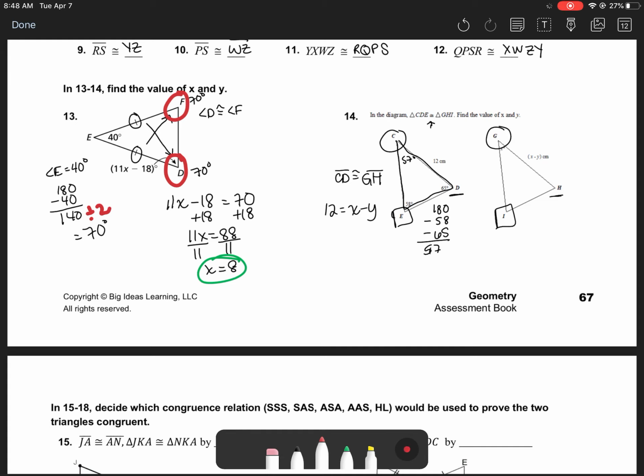Well, I know that means angle X, which is over here, kind of wrote through it, but angle X would also have to be 57 degrees because C and G are the same. So now I know what X is. So I can fill in my statement. 12 equals 57 minus Y. I'm going to subtract 57.